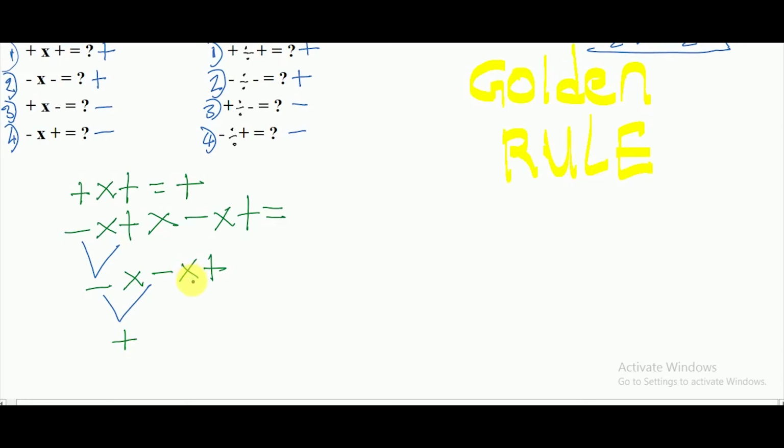Well, what we have here times this last plus. So plus times plus is what? Positive. Why? Because they are of the same signs multiplying themselves. Two identical signs multiplying themselves give us a positive, or two identical signs dividing themselves give us a positive answer.